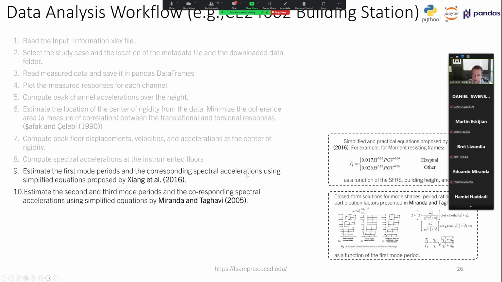And then, in order to carry out design calculations, we need to have an estimate of first mode periods and second and third mode periods. So we used a method proposed by Xiang et al. in 2016 to estimate the first mode period, and a method proposed by Miranda and Taghavi in 2005 to estimate the second and third mode periods.